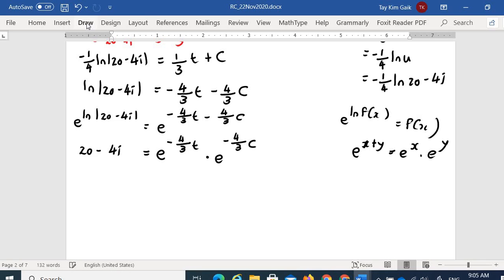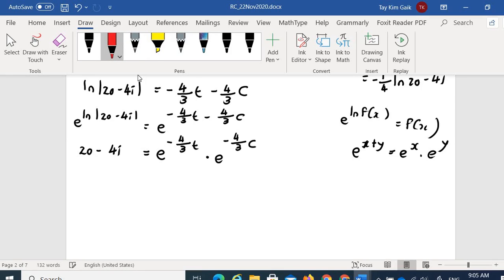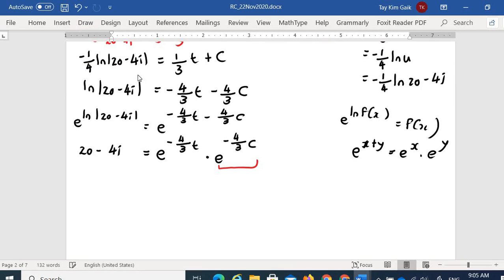So exponent negative 4 over 3 t multiplied by exponent negative 4 over 3 c. Okay, this one is a constant. Let's rewrite it as a. So a exponent negative 4 over 3 t. This is 20 minus 4i. So you want to solve for i, so make i the subject.